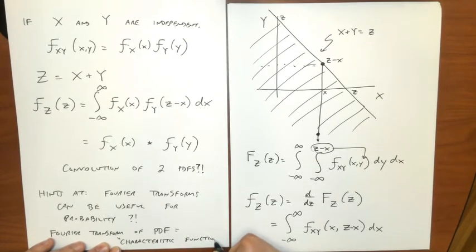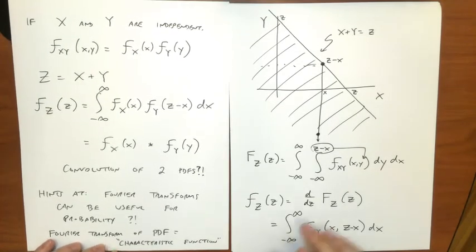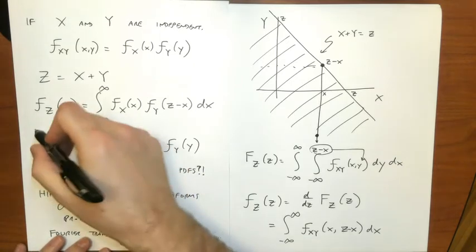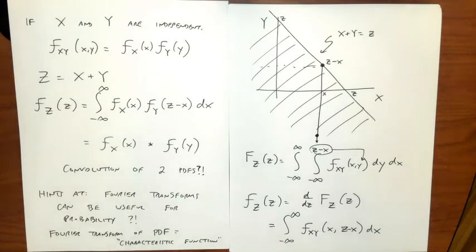It's not exactly the Fourier transform, but it's pretty close. If you want to read more about this, there is a chunk of the book that talks about characteristic functions. But this is as far as I want to go with this convolution stuff. The main idea is that to get the PDF of the sum, I convolve the individual PDFs, okay?